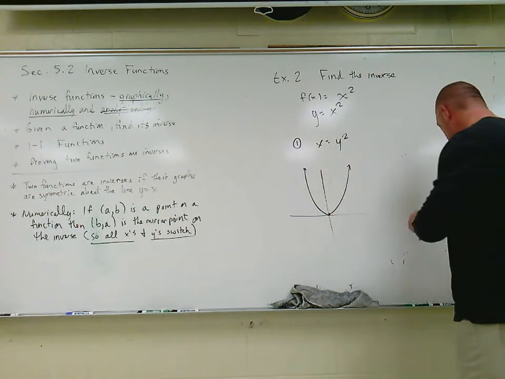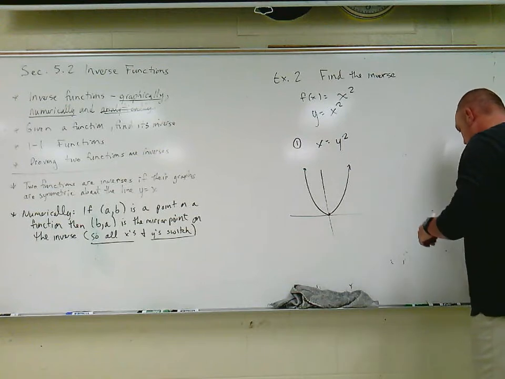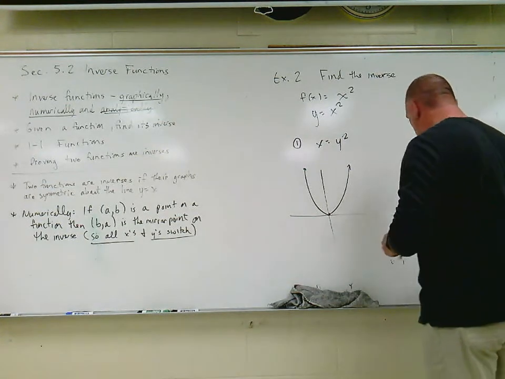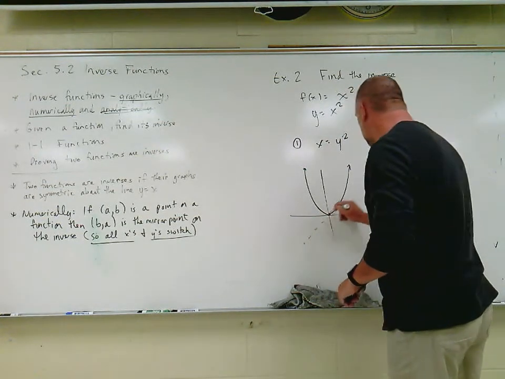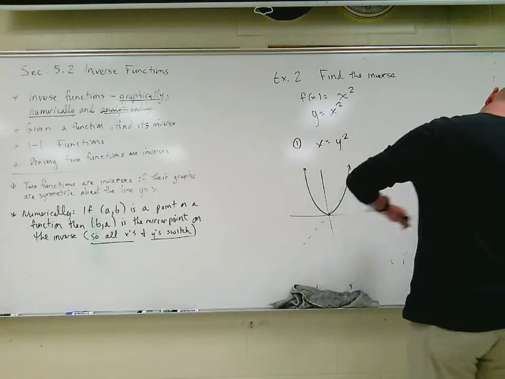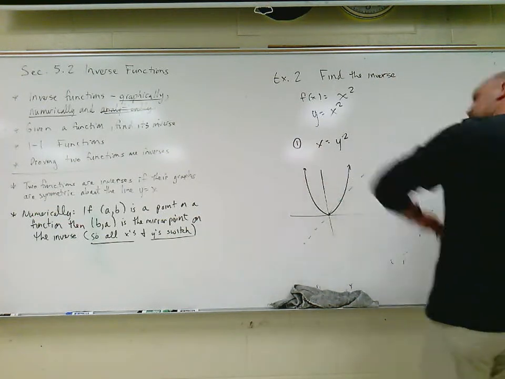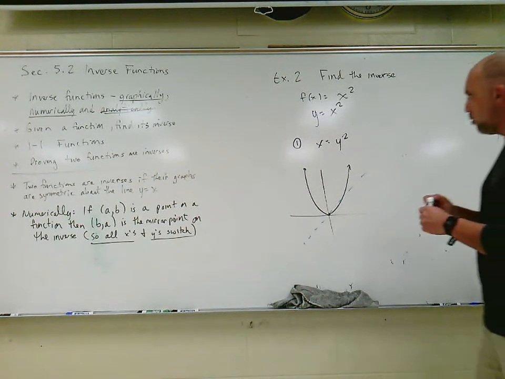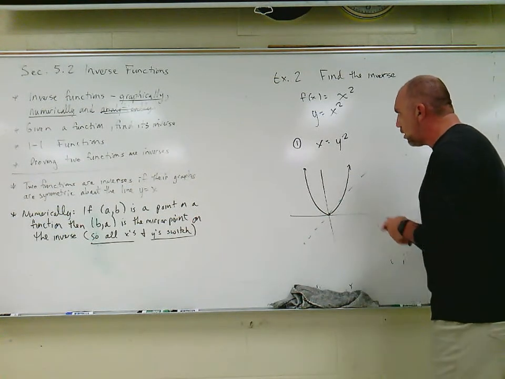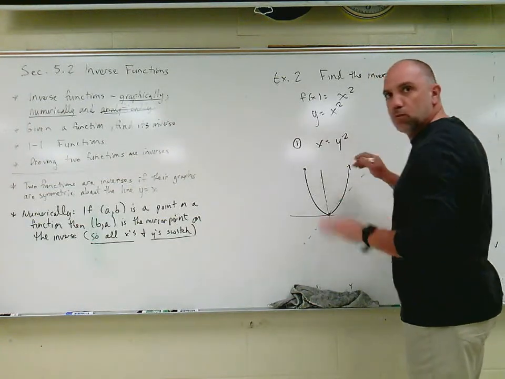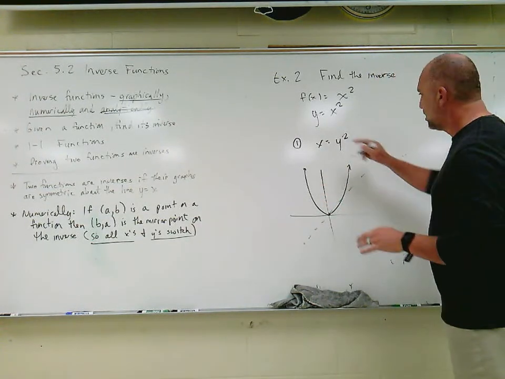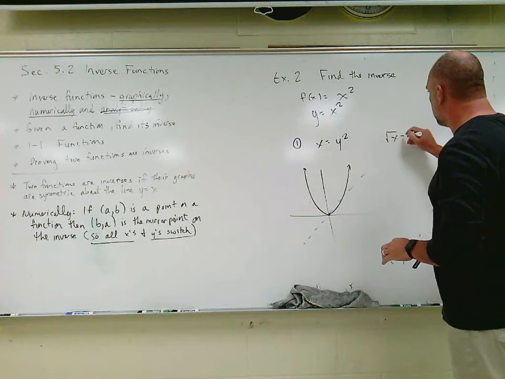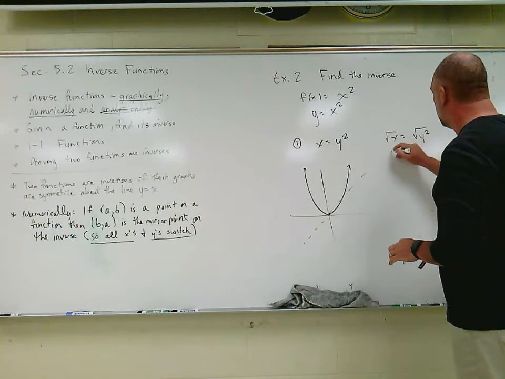Now I'm trying to picture in my head what the inverse is going to look like. The inverse has to be flipped about that line, like this. It's hard to visualize. But when you solve for y, if you only do square root, you won't have enough. If I do square root of both sides, I get square root of x is square root of y squared.